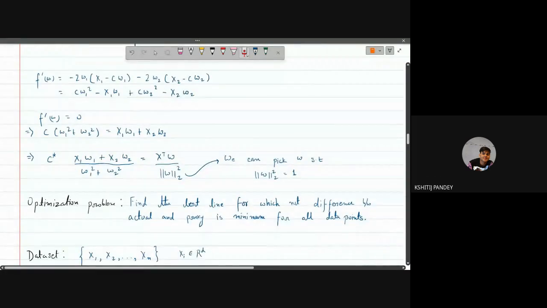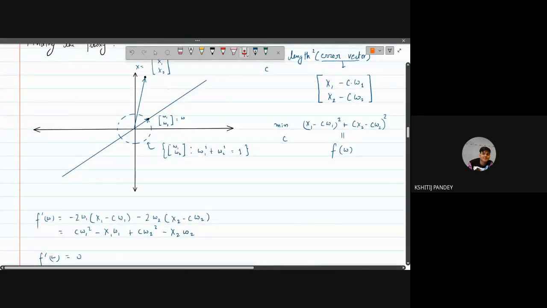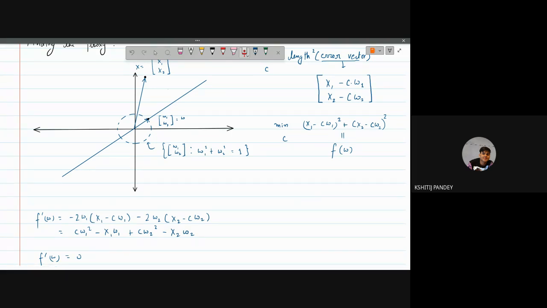So now let's come to our problem. Obviously in a real case, the data will never be on a straight line. The data will be very random, like this. So what's the goal now?